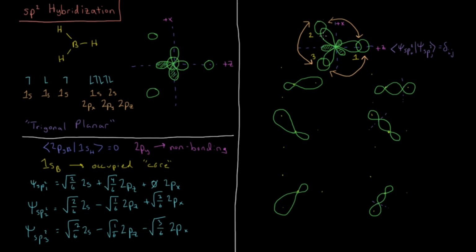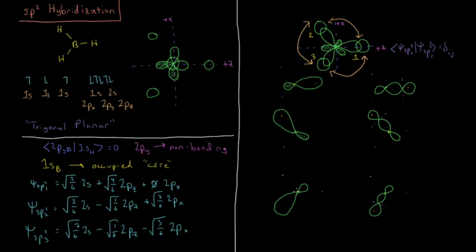All right, so then these sp2 orbitals overlap with our 1s orbitals of the hydrogens, and they can form bonding and anti-bonding orbitals. So here are the cases where the overlap is positive. So we have bonding here, bonding there, buildup of density between the nuclei.